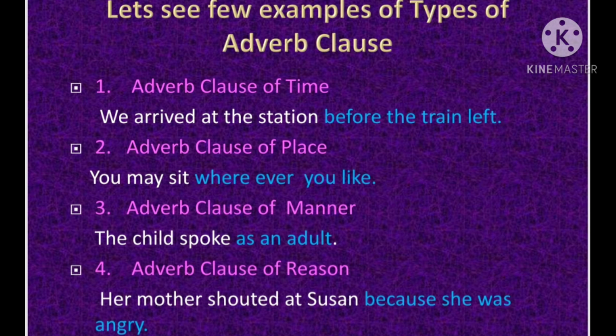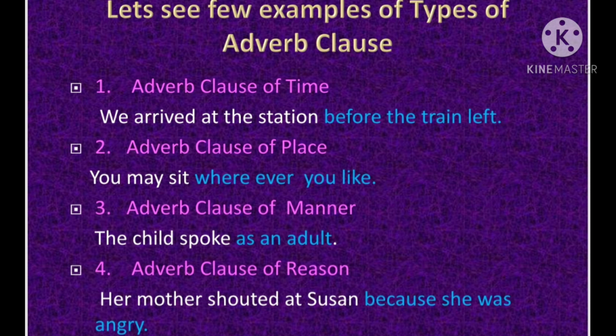Now look at the second type, adverb clause of place. You may sit wherever you like. You may sit, main clause. Wherever you like, subordinate adverb clause of place. Wherever is the subordinator, and the subordinate clause modifies the verb may sit in the main clause.